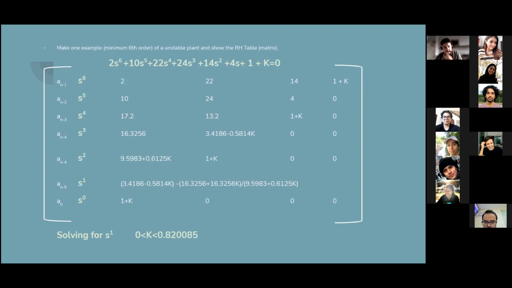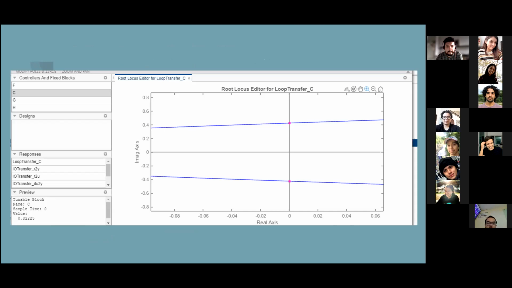So it's always going to be from 0 to the value that we got for K, and the value is 0.82. And in the next page is the diagram. There we have the last point of gain that is 0.8222, approximately. Perfect. And this is another way to verify exactly the same. So yes, Jorge, exactly. Very good.